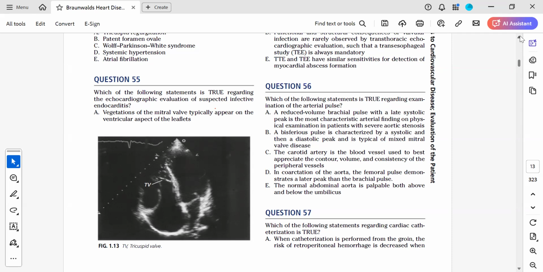So for pulsus parvus et tardus, the pulse has a reduced volume initially, indicating that a smaller amount of blood is being pumped through an artery per beat, often resulting in a weaker or more difficult to palpate pulse. While the tardus refers to the delay in the rise of the arterial pulse, meaning that the time from the heartbeat to the peak of the pulse is longer than normal.